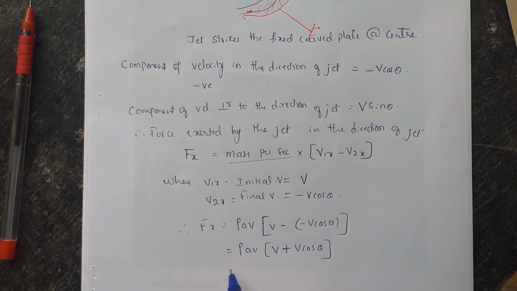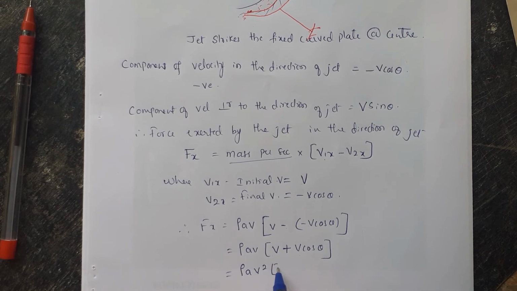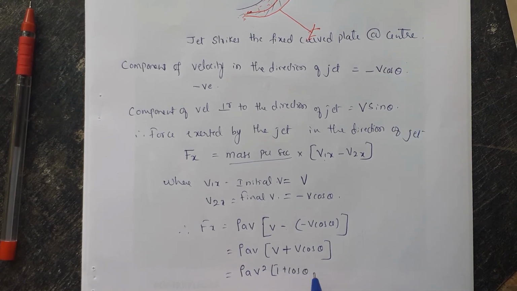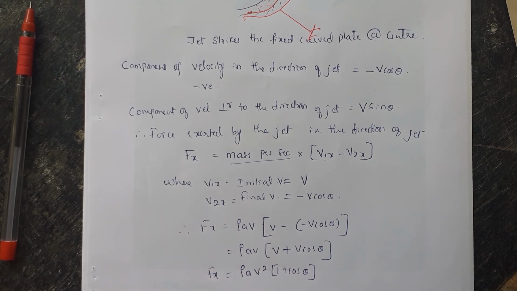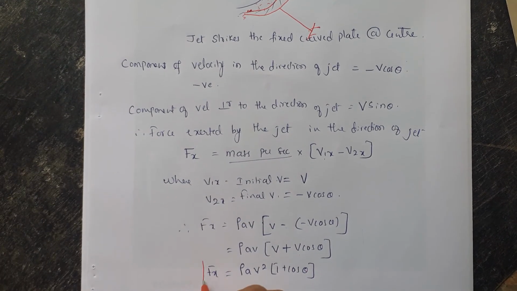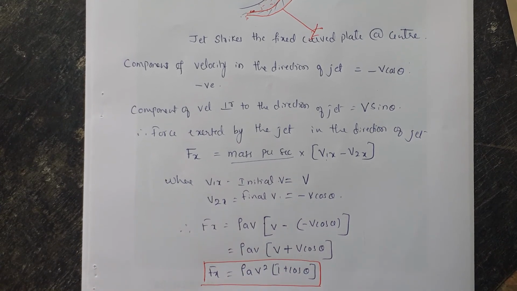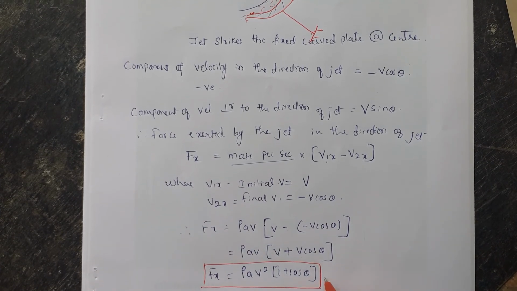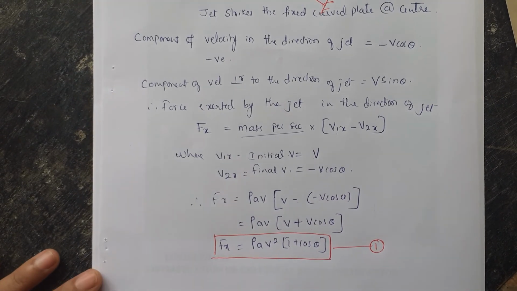If you take v common outside, the remaining is Fx equal to rho a v square (1 plus cos theta). This is the equation for the force exerted by the jet in the direction of the jet when the jet strikes the fixed curved plate at the center.